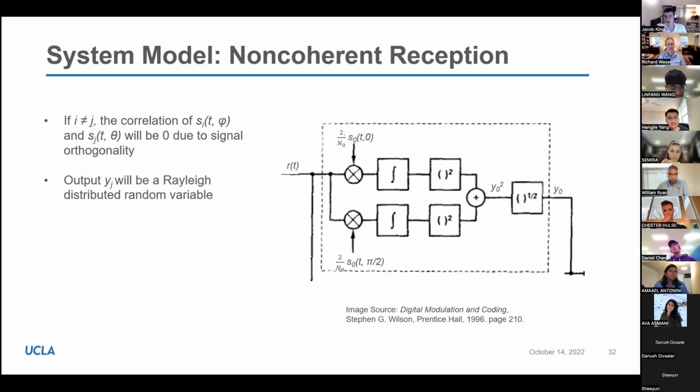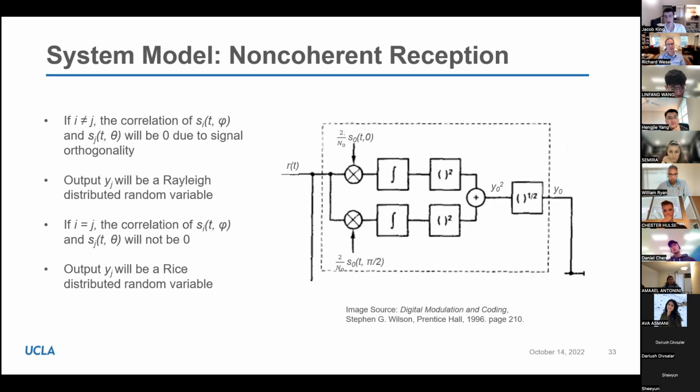As a result, the jth correlator bank will only correlate with the noise signal N of t, and the output Y sub j will therefore be a Rayleigh distributed random variable. However, if i does equal j, then the correlation of S sub i and S sub j will not be 0. Because of this, the jth correlator bank will correlate with both the transmit signal and the noise signal, resulting instead in a Rice distributed random variable.